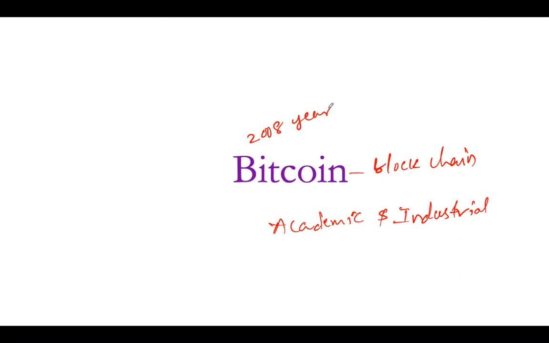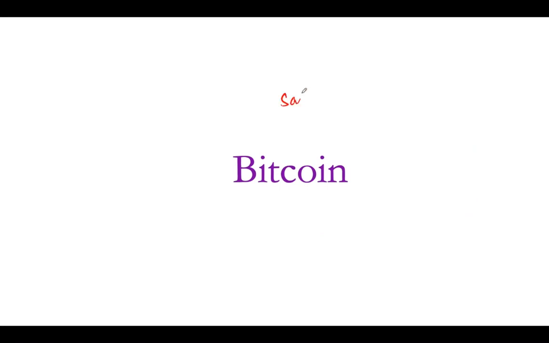The major concept of Bitcoin came in 2008, when a paper on Bitcoin, titled a peer-to-peer electronic cash system, was written by the author Satoshi Nakamoto.